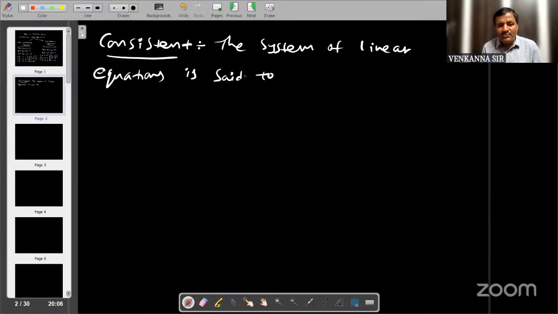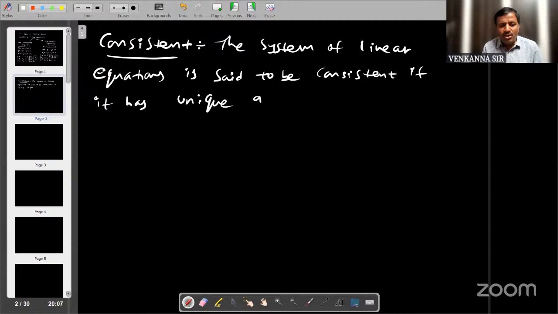The system of linear equations is said to be consistent if it has a unique solution or an infinite number of solutions. So that is the consistent definition.